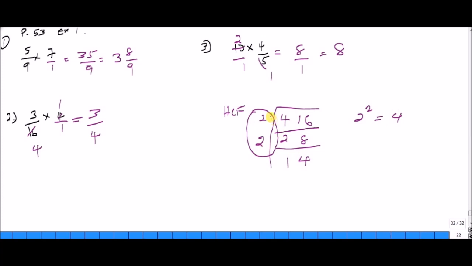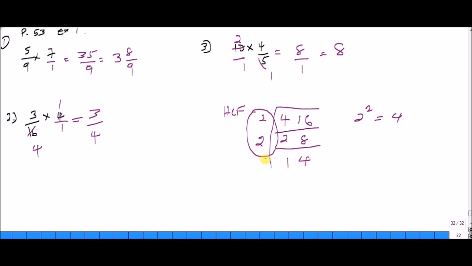Remember, this is different from finding the LCM. LCM we will continue. But when we're finding the highest common factor of both, we only use the numbers that can go into both sets of numbers until it can't go anymore into both sets. Okay? For LCM, we would continue using the 2 because 2 could go into 4, but it can't go into 1.